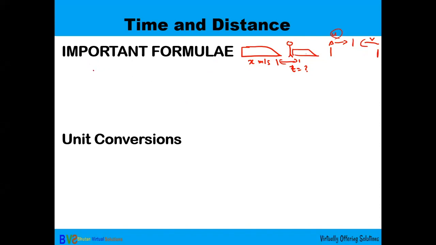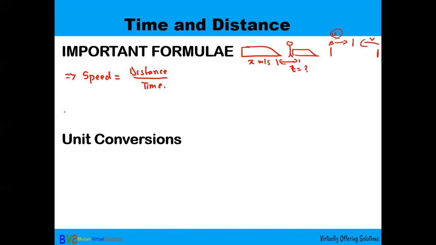So what you need to know is the relationship between speed, distance and time. The formula: speed is equal to distance divided by time.